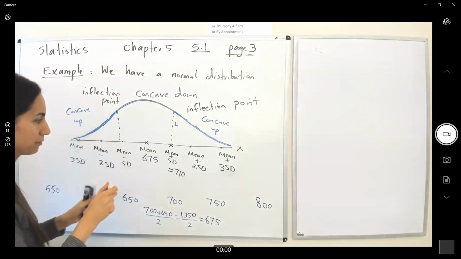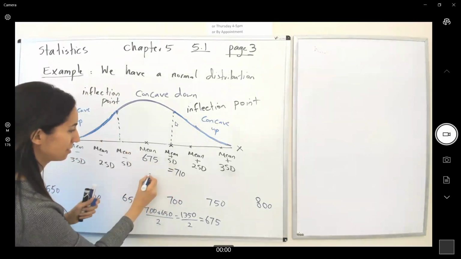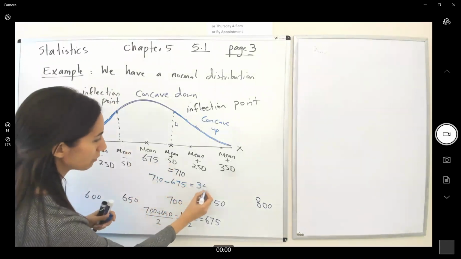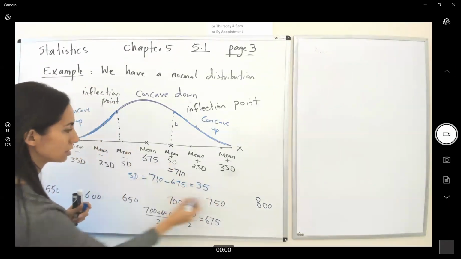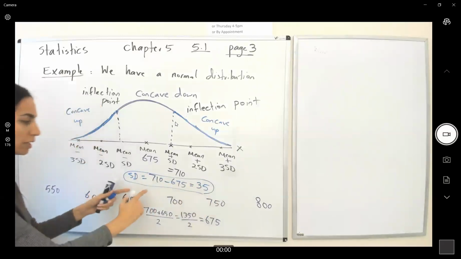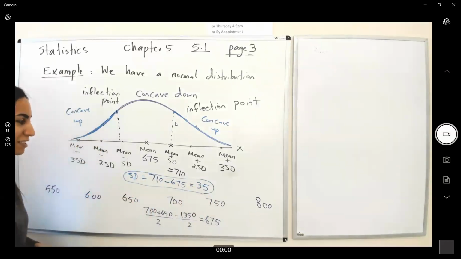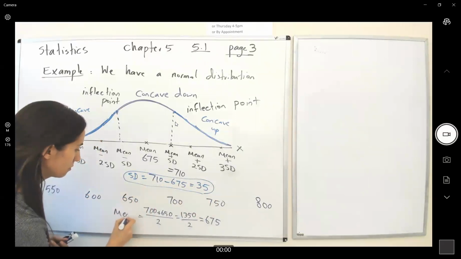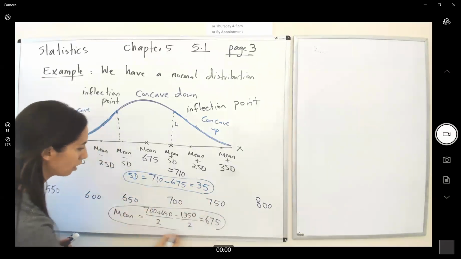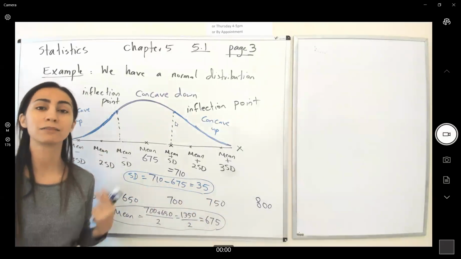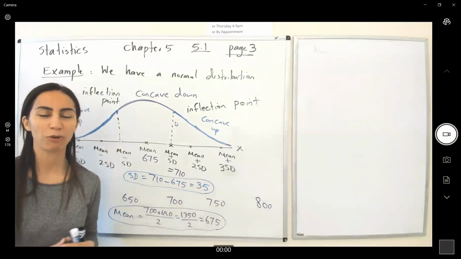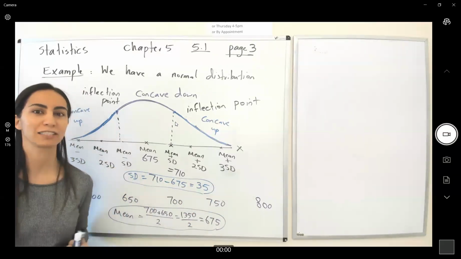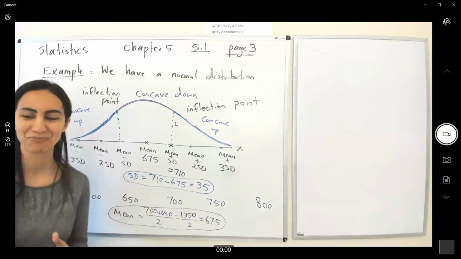So 710 minus 675 will actually give you 35, which is your standard deviation. So we estimate standard deviation, we also estimate the mean. Just estimation. Of course, we need more exact numbers, exact values by using a calculator and having all the data that are collected for these graphs.